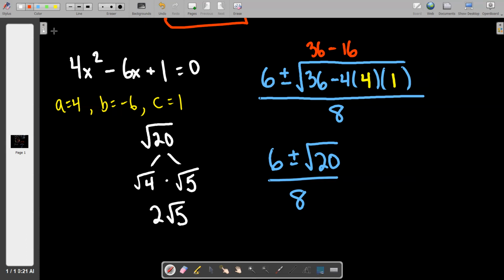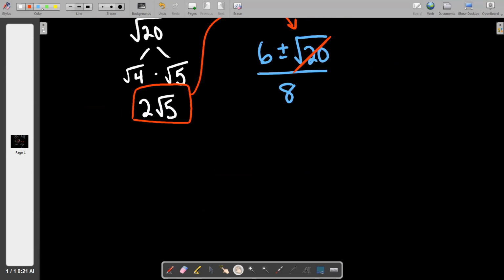You practice and you just form a routine. You get good at this. This 2 root 5 is going to now replace this root of 20. So my next line says 6 plus or minus 2 roots of 5 over 8.